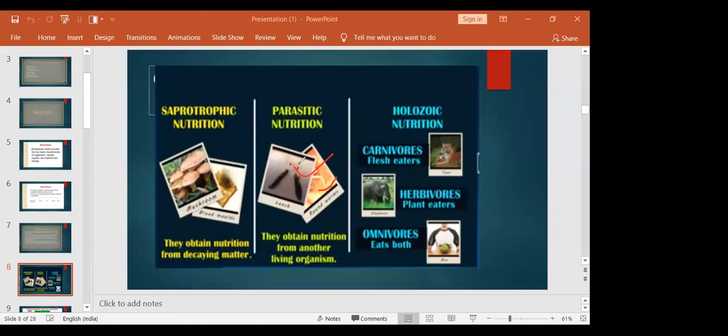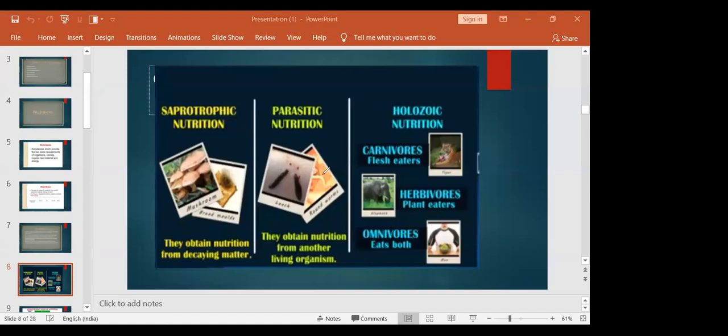So they are called ectoparasites. The parasites which can live on the surface of living organisms are called ectoparasites. And the next one, it is not clear, but it is a tapeworm, children.